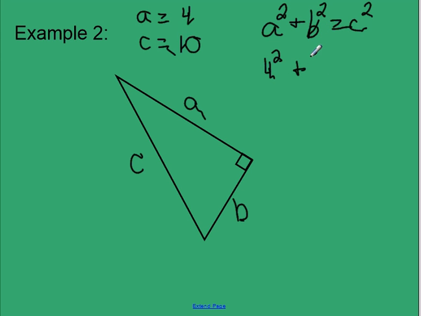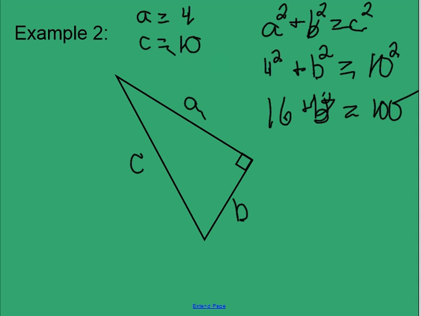I don't, so I have to leave that as B squared, and then equals C, which is 10, C squared. All right, and then I simplify. 16 plus B squared equals 10 times 10 is 100, so it equals 100.